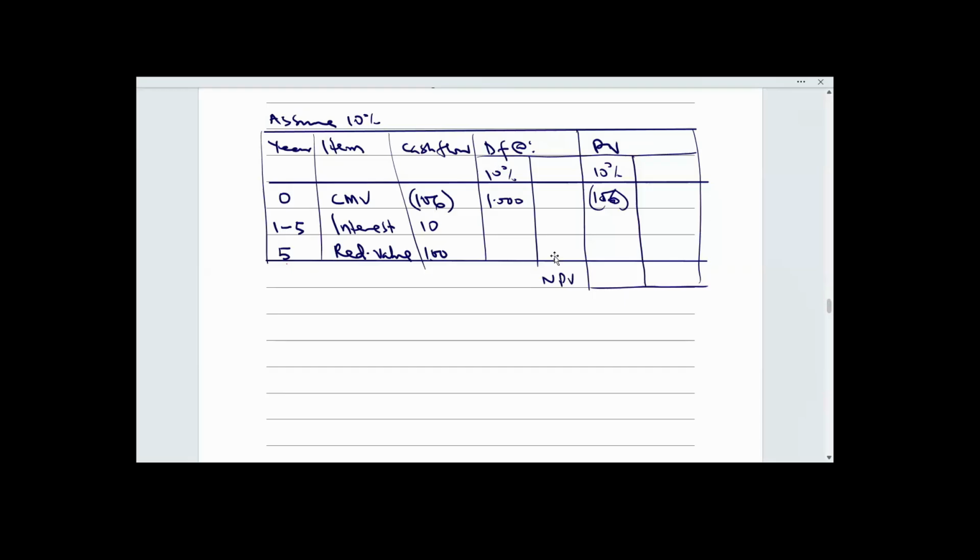What do you have? 3.791. Thank you. 3.791 is the annuity factor. If you don't know how we got it, ask question, I will show you. But for now, I assume that you know it. Please, you don't need to be shy.